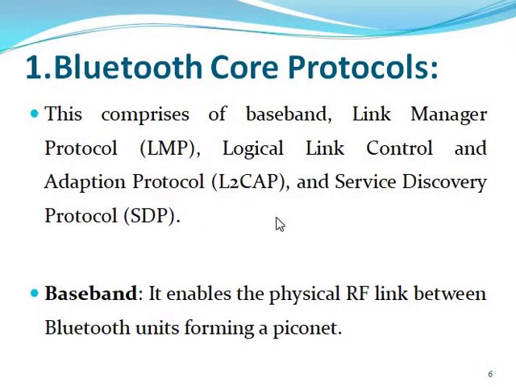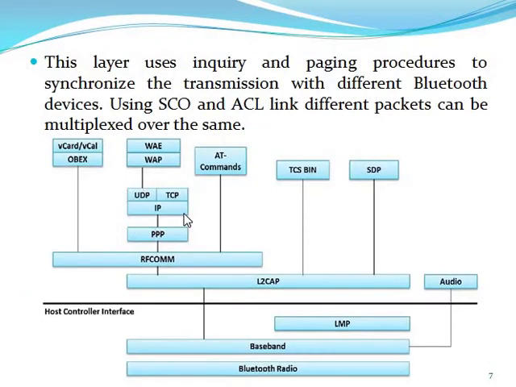First is the Bluetooth core protocol. We can show the four layers. This is the image of the Bluetooth layers: Bluetooth radio, then baseband, LMP, then audio.